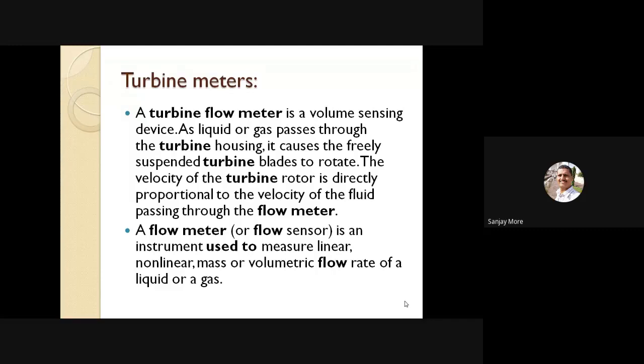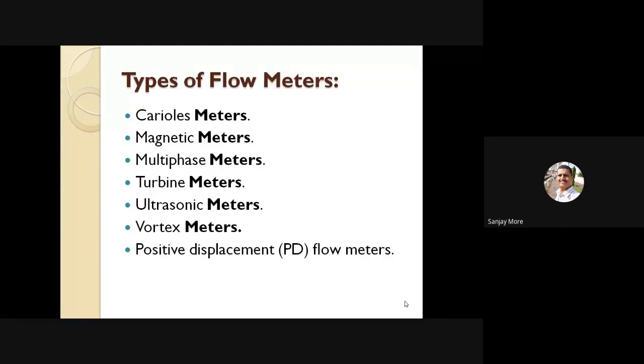Then give the heading types of flow meters.